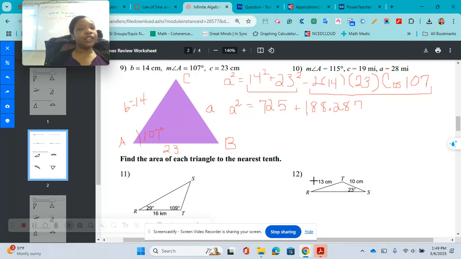What's the next step I need to do? No, you would add them. Add those values. Excellent. A squared equals 725 plus the 188.287. And I have 913.287.